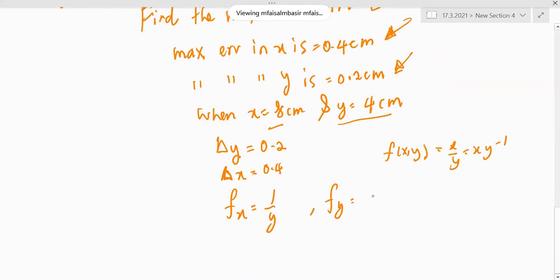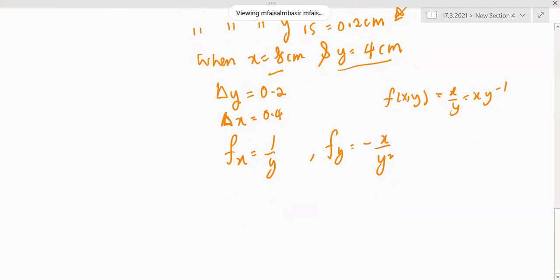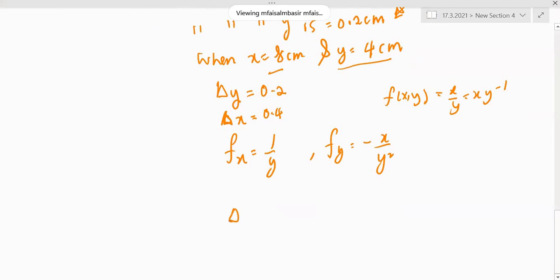So Fy will be negative X over Y squared. Which means you bring -1 to left, downwards, to -1, you push it inside. Okay, you got everything now. So you can put in the formula del Z equals Fx del X, so this is the formula, plus Fy del Y.